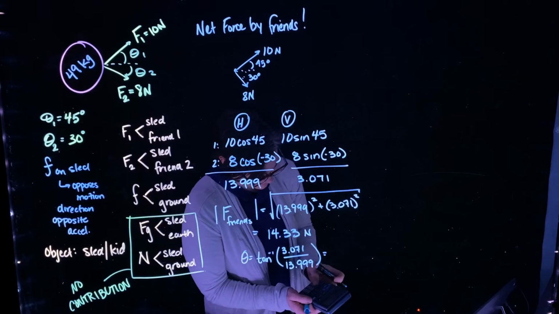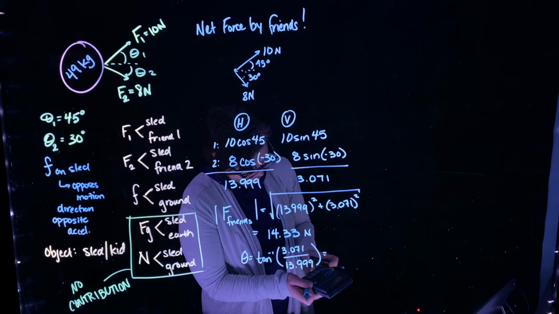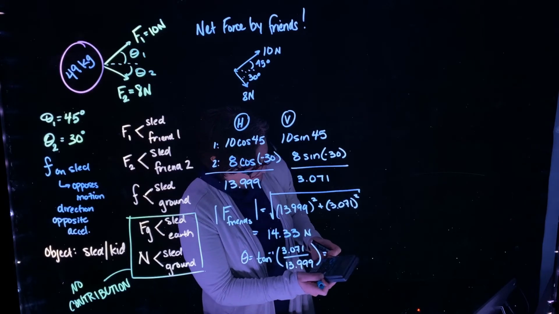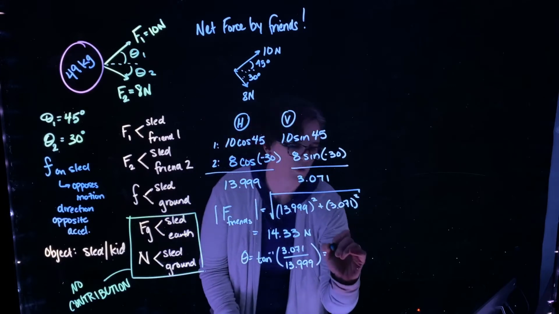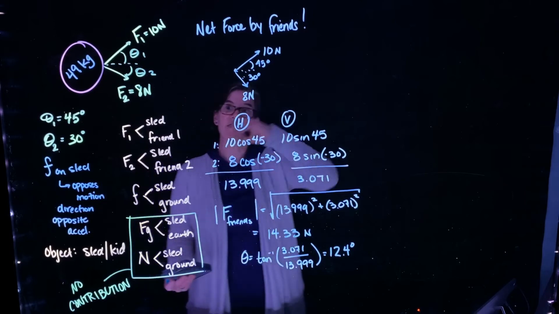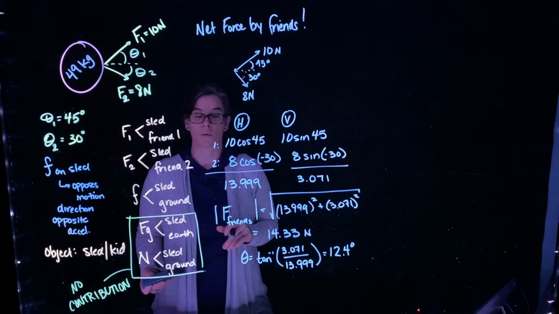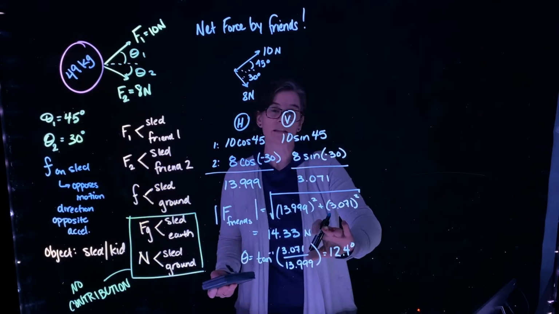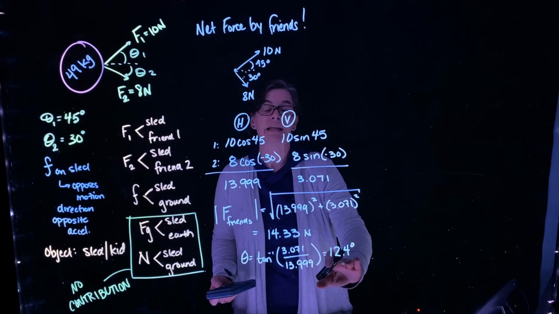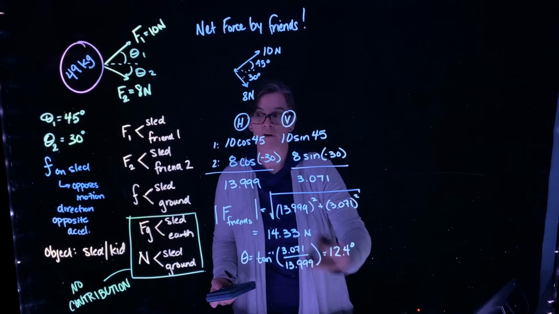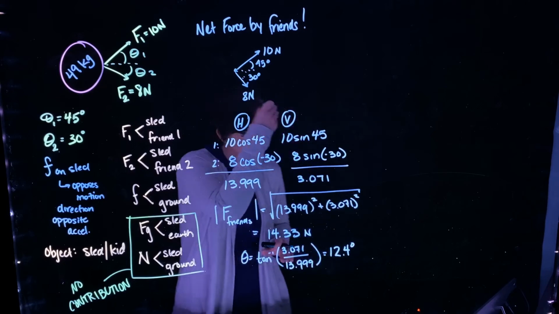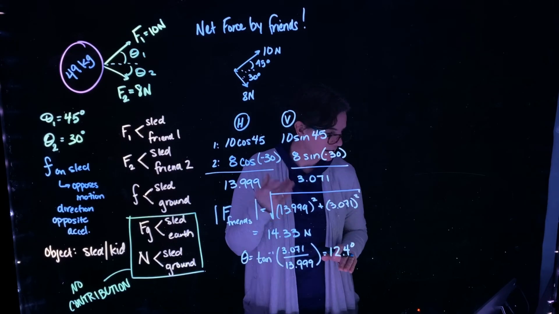And if I take the inverse tangent of 3.071 divided by 13.99, I get 12.4 degrees is the angle that sled is going. So I have a force that the friends are exerting of 14.33 newtons and an angle of 12.4 degrees. Okay. So we are interested in the acceleration.